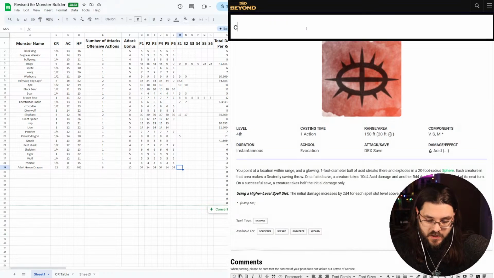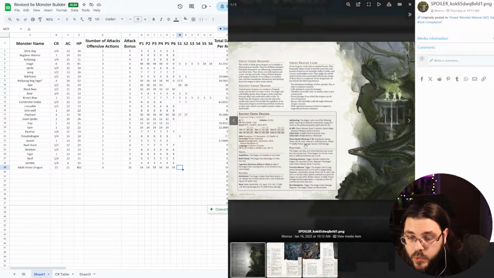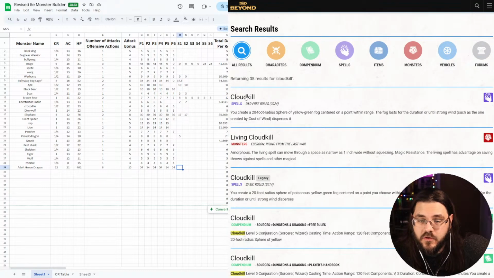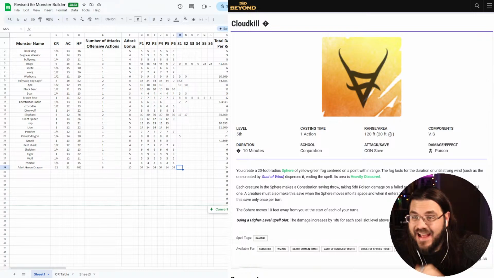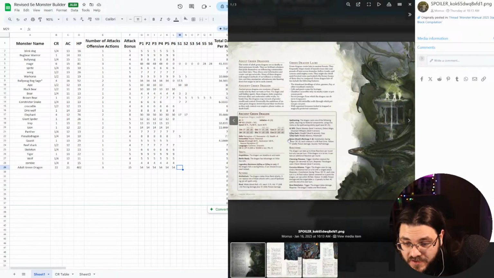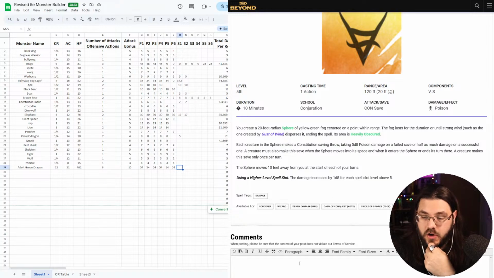Cloud Kill, and it can do that twice. Gross. Cloud Kill. 8th level version. Yes, that is what it said. An 8th level version. That is grotesque.